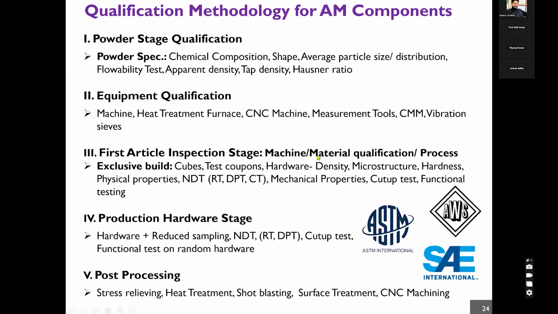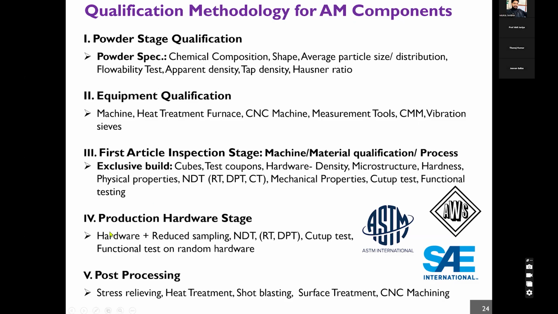And after this hardware has been made, we subject it to functional testing as well. By functional testing, what I mean is we need to test that particular part in the actual service conditions or in the service environment. Once this part meets all these requirements, we can say that we have successfully completed the first article inspection stage, and thereafter we can move into the production hardware stage.